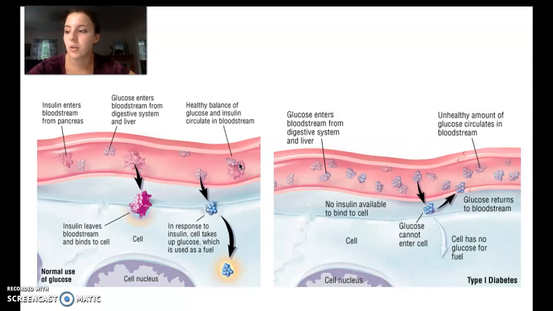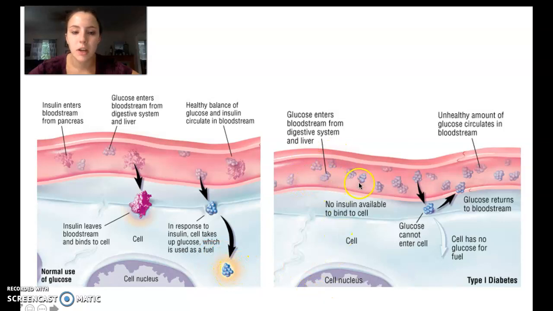Without the insulin, though, the glucose that is absorbed into the bloodstream, which is what this diagram is showing, this is the normal use of glucose. The glucose is in the bloodstream along with insulin, and they are used together.